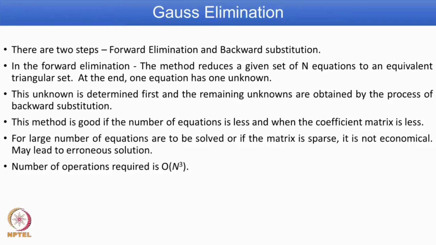The number of floating point operations required in Gauss elimination method is of the order n cube, and today most of the programs are parallelized to get results quicker, so that the turnaround time for computation is as short as possible. In such a case, we should have a matrix inversion procedure that is also parallelizable. The Gauss elimination procedure is not parallelizable.